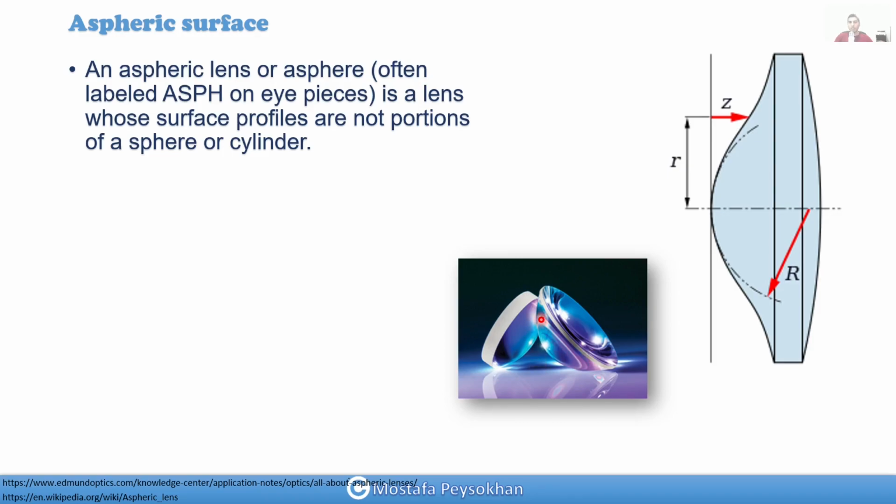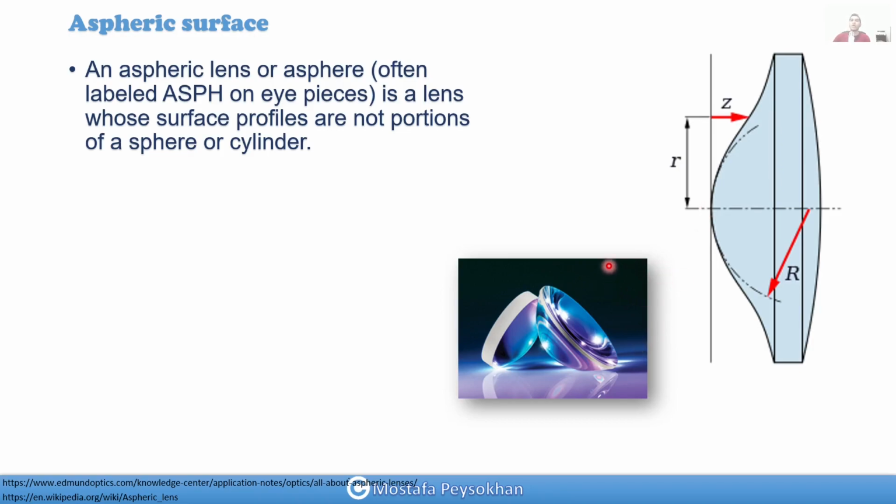The main difference between an aspheric lens and a spherical lens is that we don't have spherical aberrations, because the surface is not spheric. But in order to make that kind of lens, we need to spend a lot of time and money, because you cannot just put a spherical polisher and polish it like a regular lens.